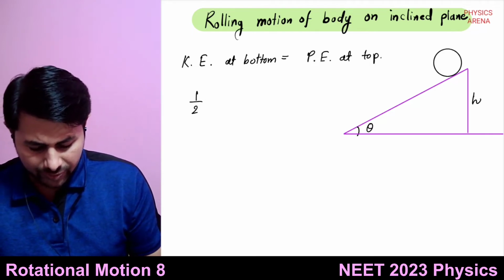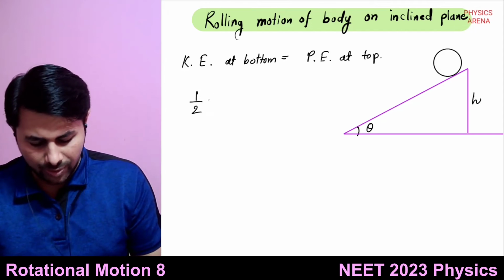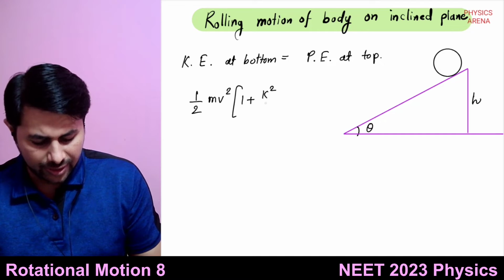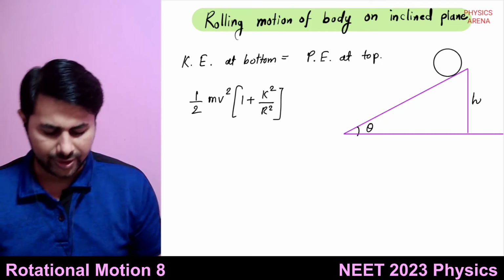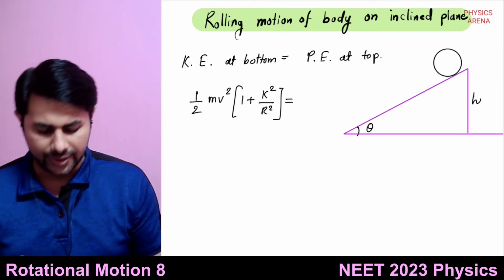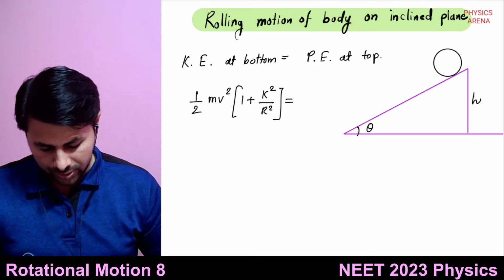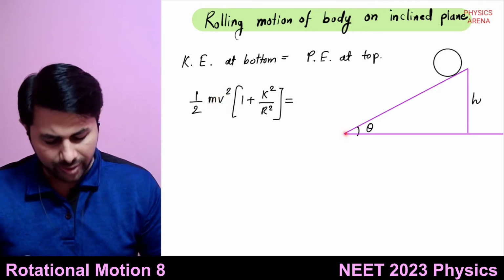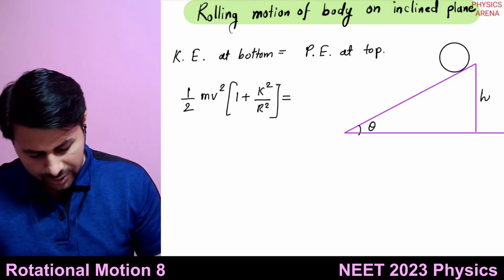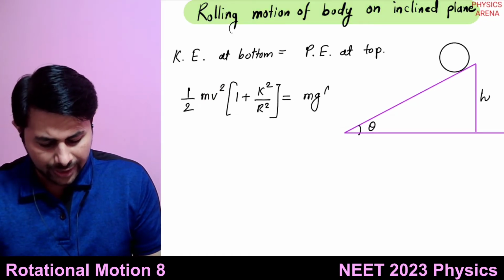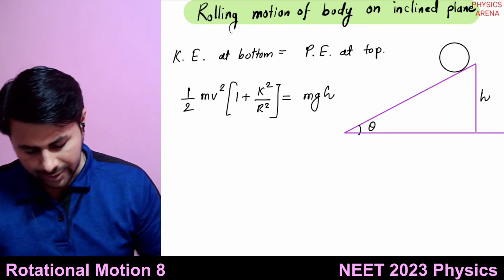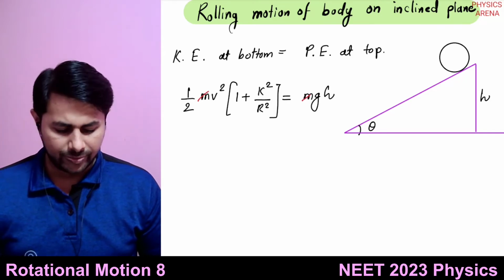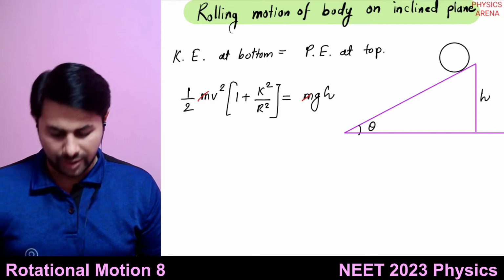This expression we have to remember: it is half mv squared multiplied by (1 plus k squared upon r squared). This is the kinetic energy of a rolling body. The body has velocity v when it rolls down to the bottom. So this is equal to mgh, right? The m gets cancelled, and from here we can find out what v is.